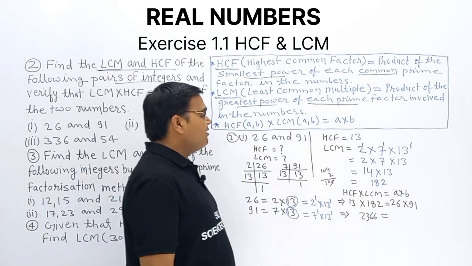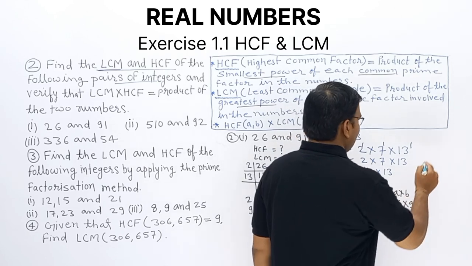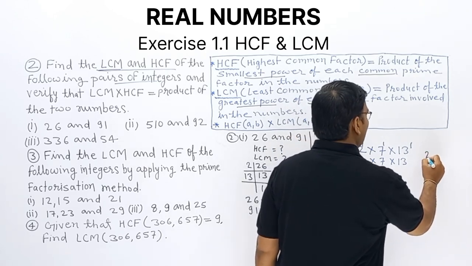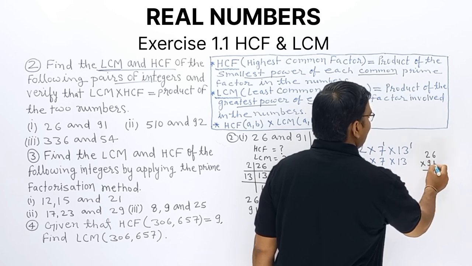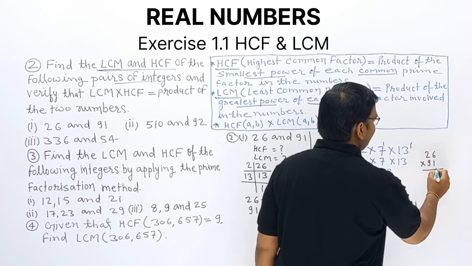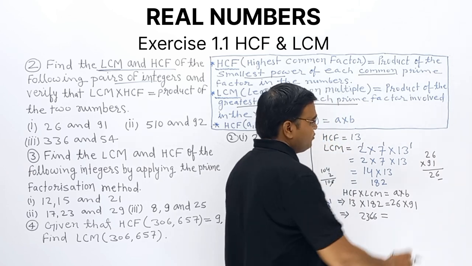On the right hand side, what is the product? I do not know this table, so we will multiply it like this: 26 multiplied by 91. I am doing multiplication by 1, 6 and 2. Leave this place, a space will be there.